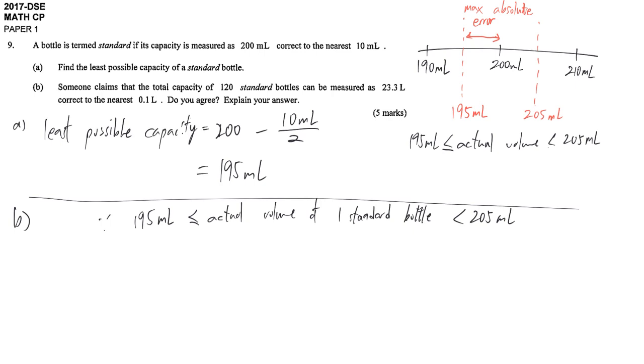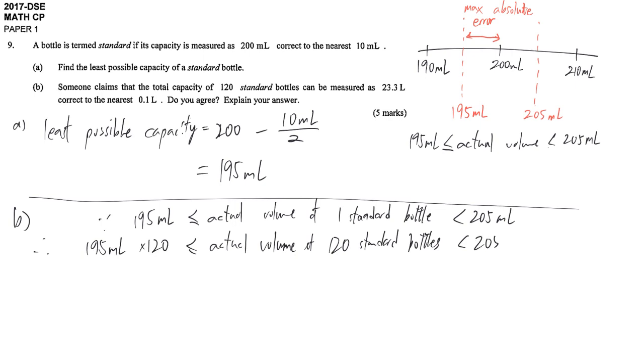What we are interested in is not just 1 but 120. Therefore the actual volume of 120 standard bottles is 195 ml times 120, and 205 ml, the greatest possible case, times 120.